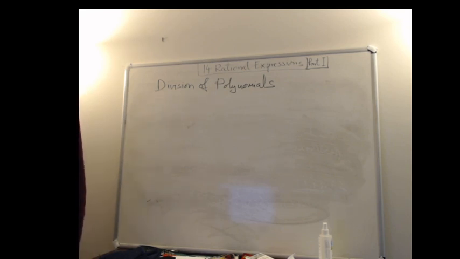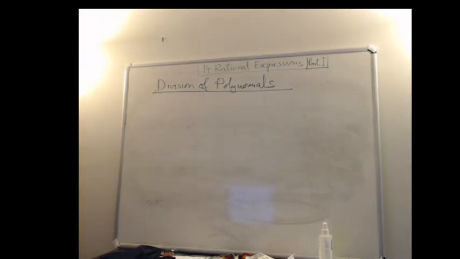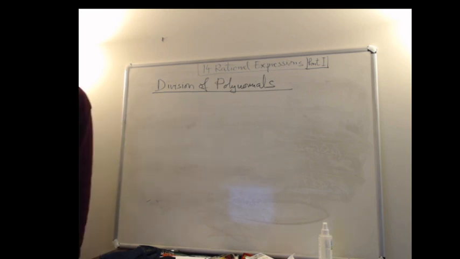Well, now we're going to be dividing polynomials. Okay? So at this point, we can start doing it. Some polynomials are very easy to divide. If the denominator, or a divisor, is a single term, a monomial, then the story is very simple.